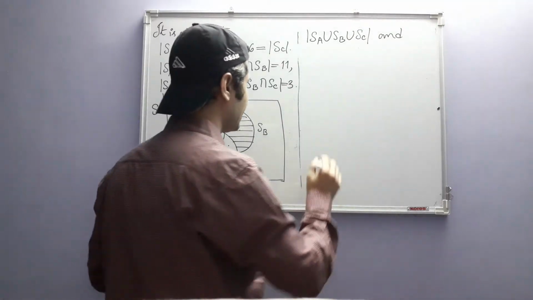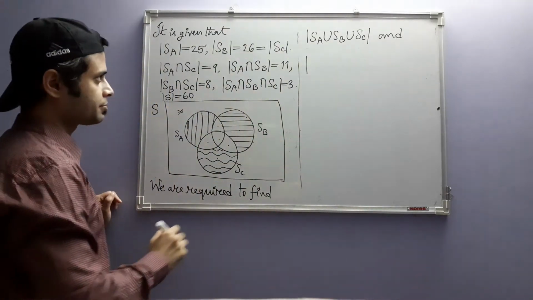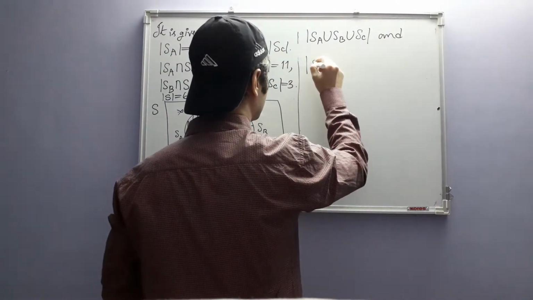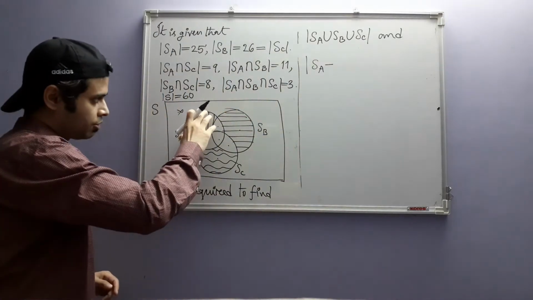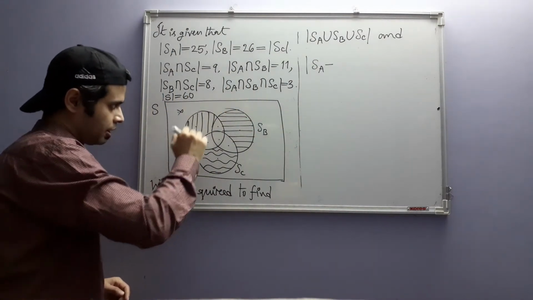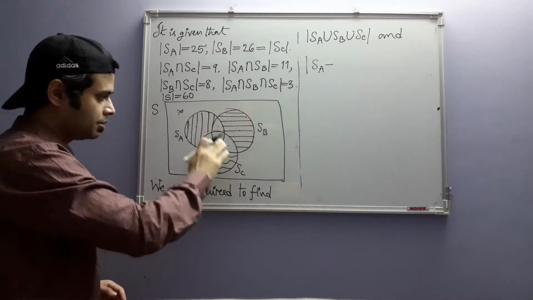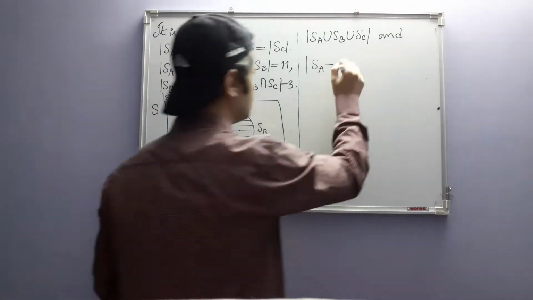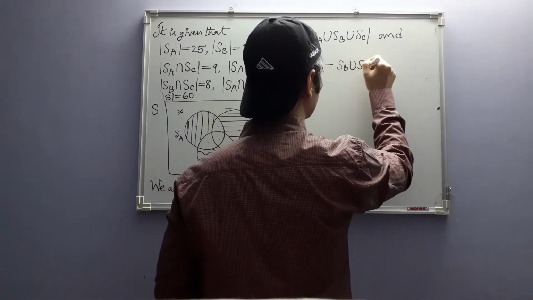So that means the cardinality of SA minus only this part. Only this part means SA minus SB union SC.